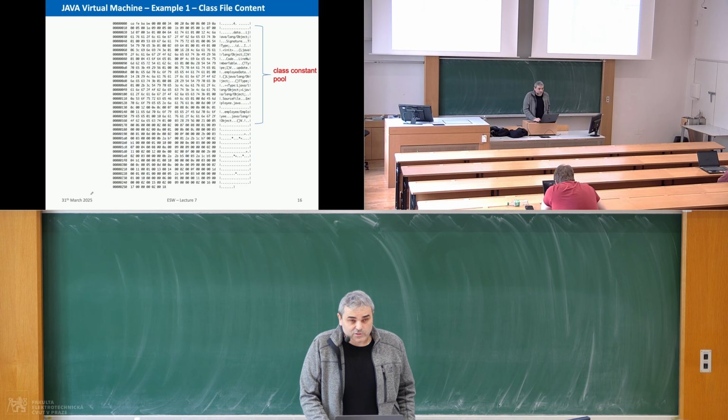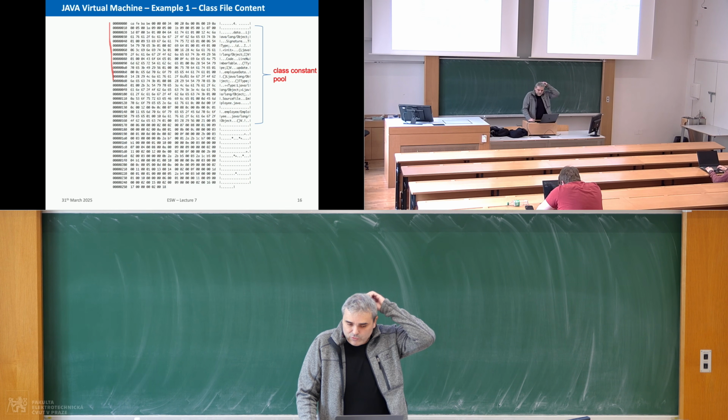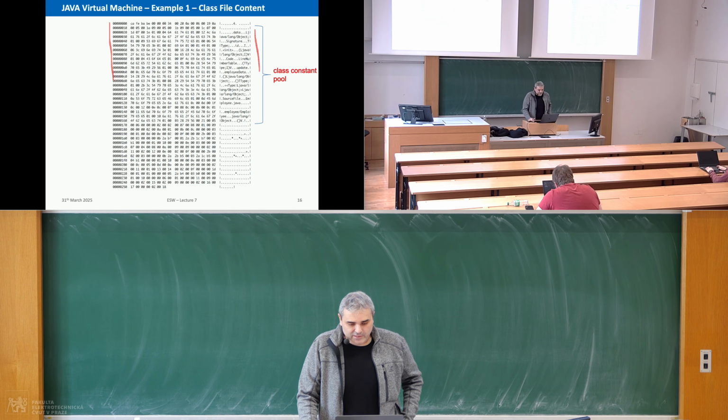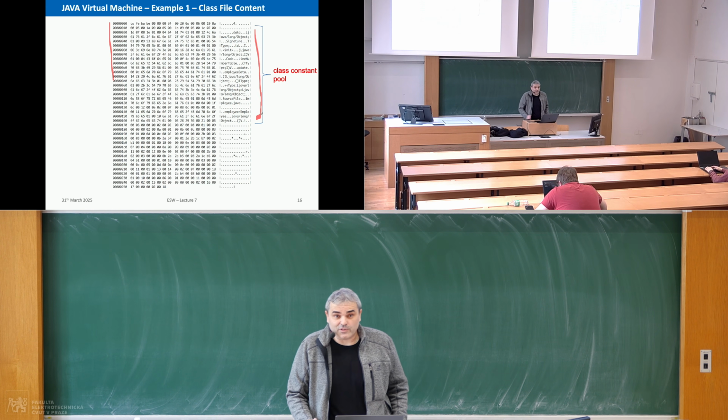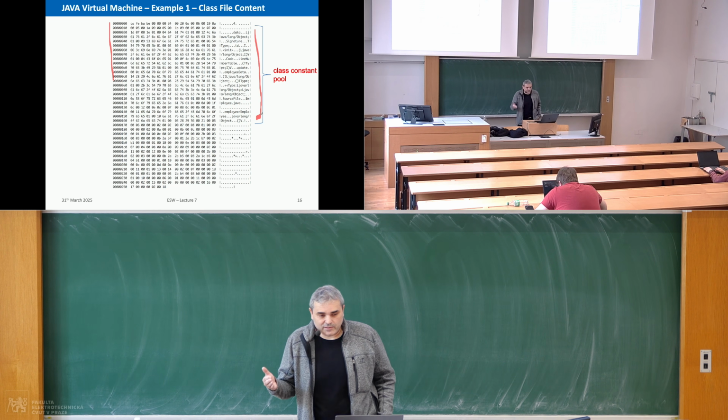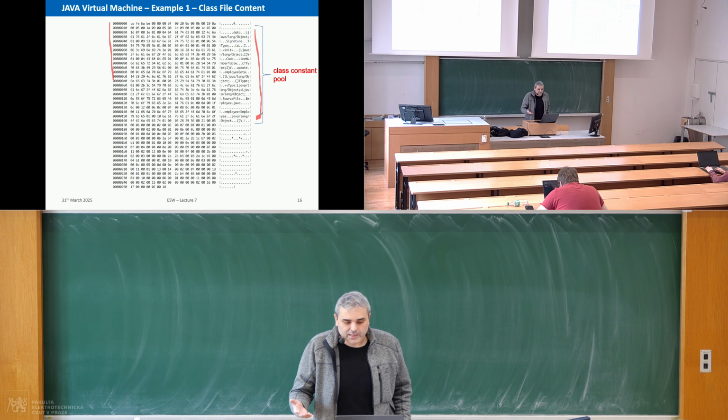If we compile this code into bytecode, this is just the ASCII representation of that bytecode. This is the beginning of the file. You can see the offsets on the left side. You can clearly see that there is some readable form in the first part of the binary class file. And that's the constant pool.